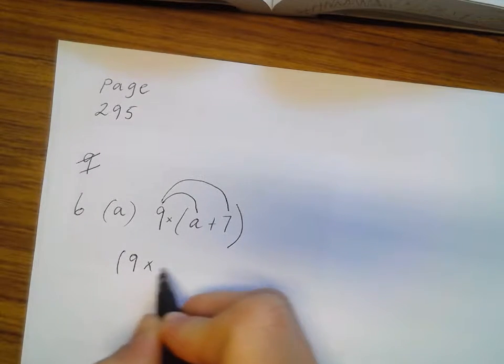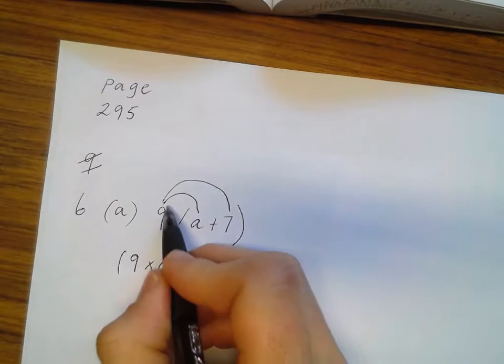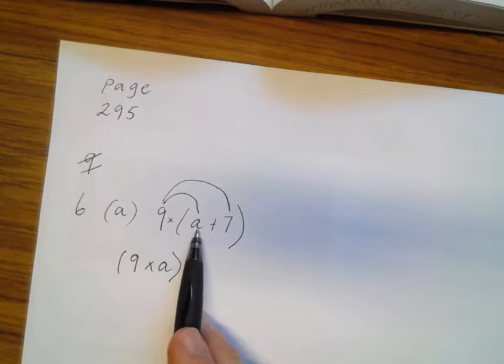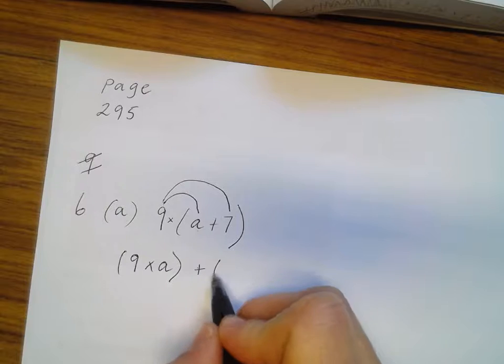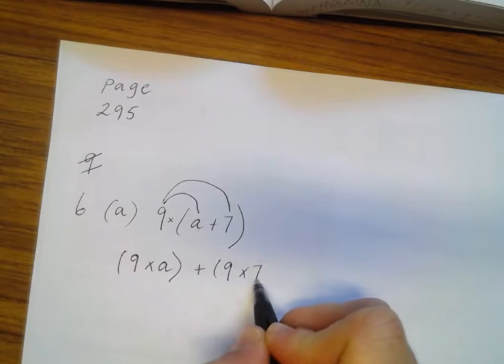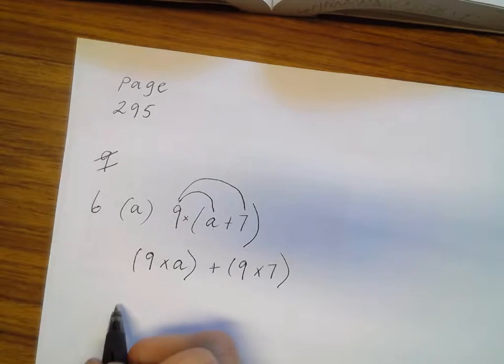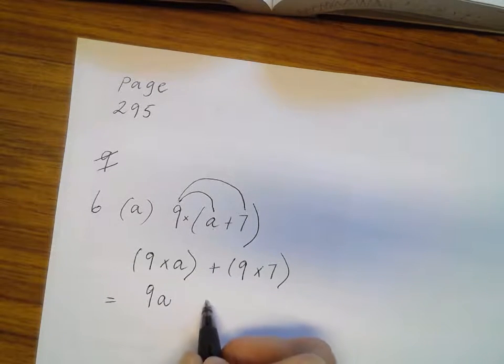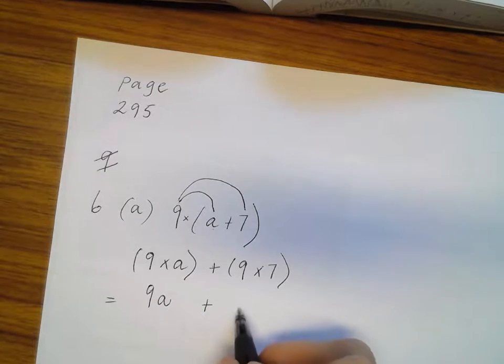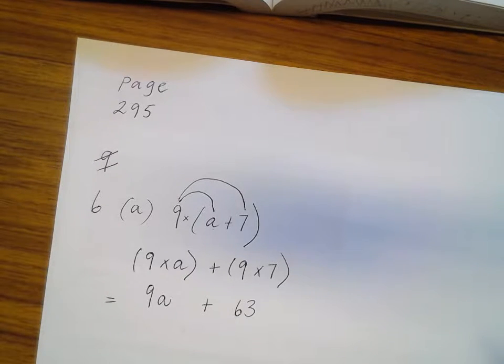Some students won't need this step, but that really means 9 has been multiplied by a. We need to carry down the addition, and it means 9 multiplied by 7. So the expanded form is 9a plus 9 times 7 is 63.